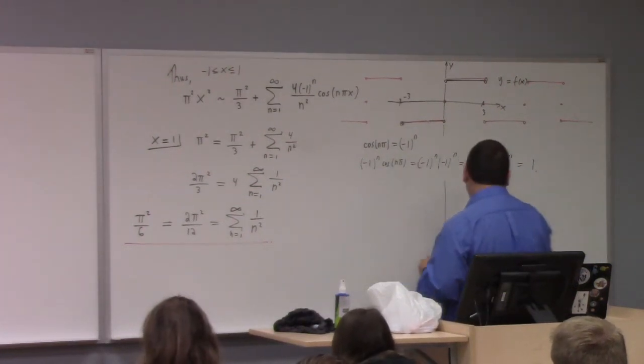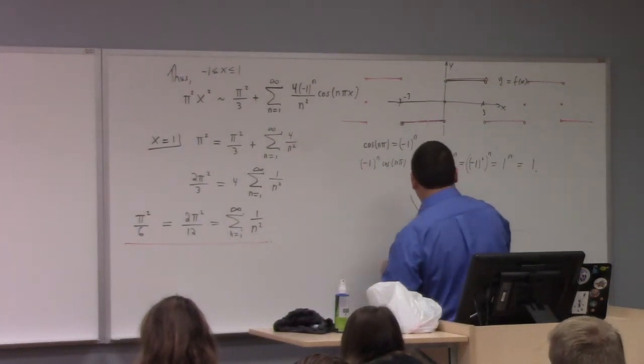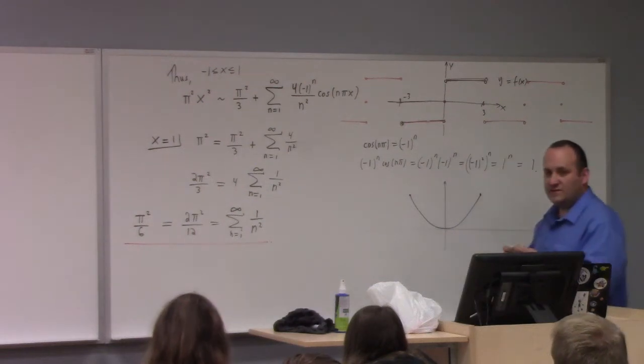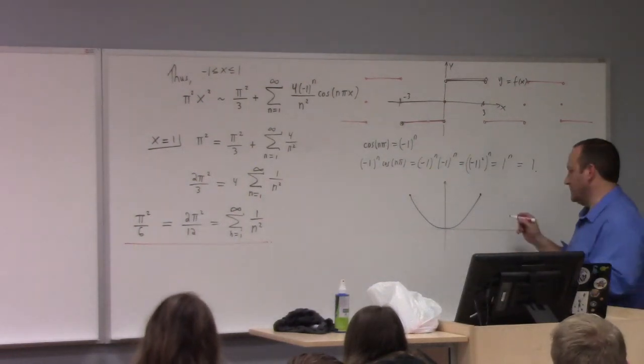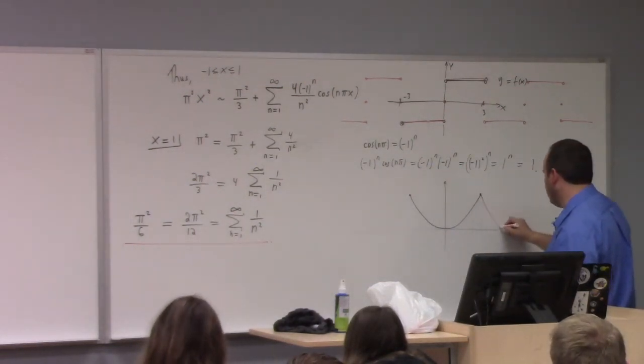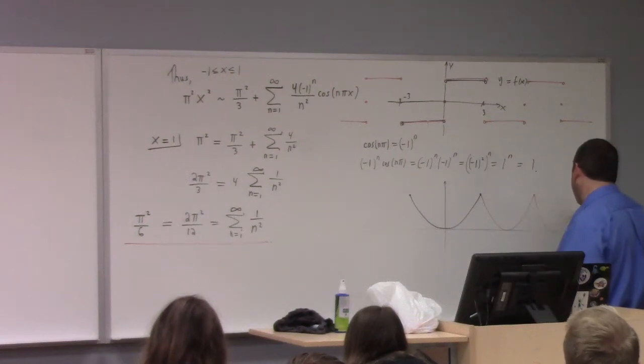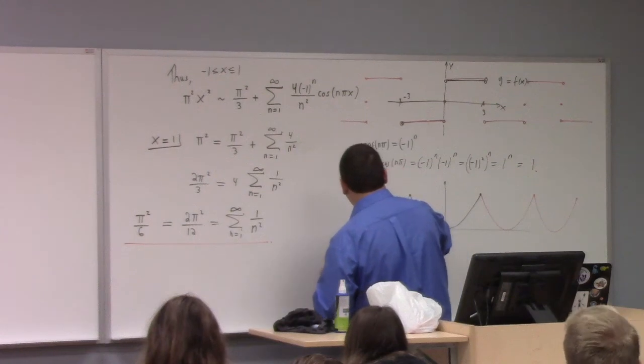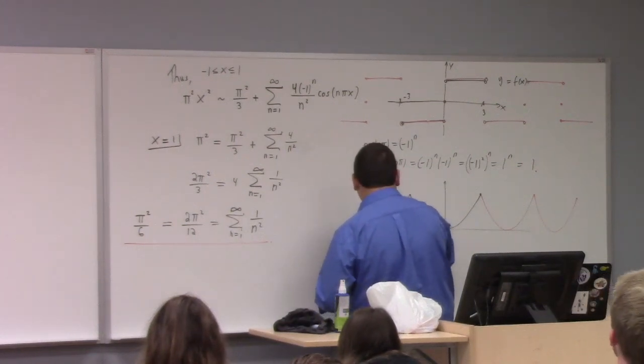The original function is y equals x squared. So that's the original function. What's the extension? The extension would be this. This is what the Fourier series looks like. So yeah, it's okay. It makes sense that we can evaluate at the end and the series converges.